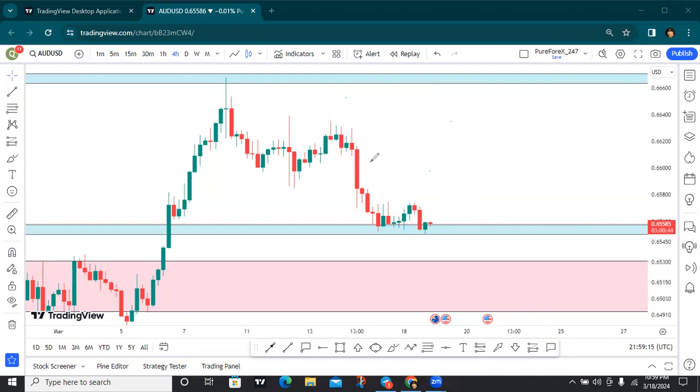So on H1, we are also going to see this movement here, with the characteristics of a downtrend: a lower low, lower high, lower low, lower high, lower low, lower high, lower low, lower high, then a lower low on this zone, right? And then we want to see a rejection up.